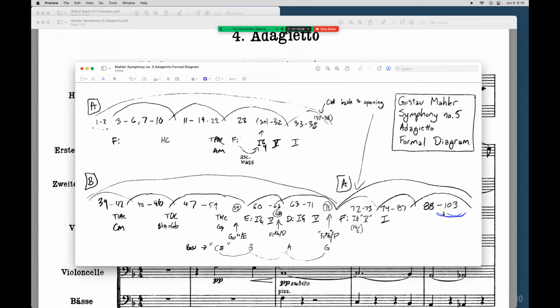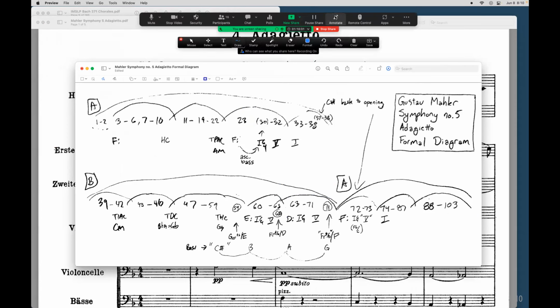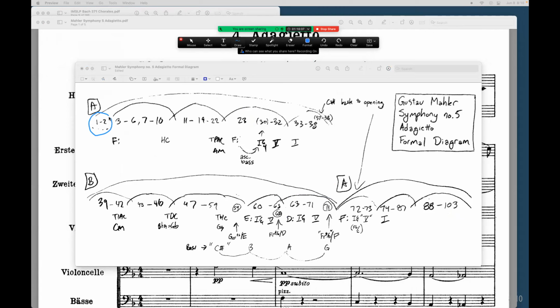So the thing that I think is really interesting about this is when we hear it here first, we hear it as the start of the piece, right? And it has a very introductory sort of quality. For me, the thing I love about it when it happens right here, and we could dig into the details of why, is that it sounds conclusive.